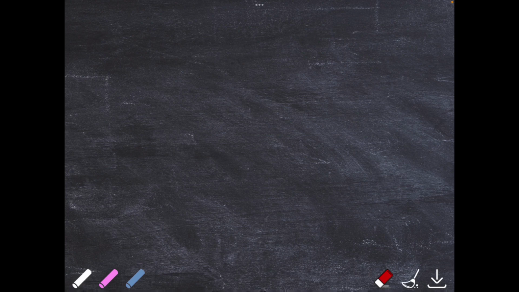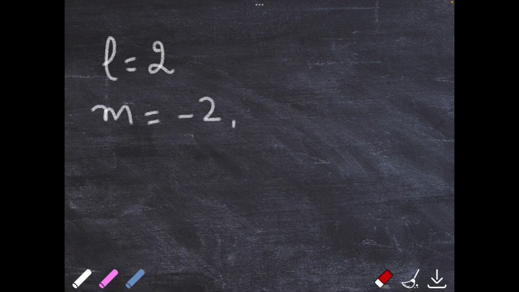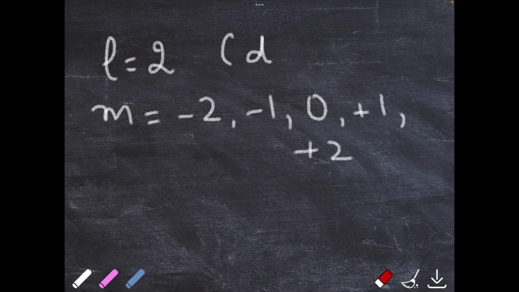Let's take if L is equal to 2. In that case, m will be equal to -2, -1, 0, +1 and +2. Now if L is equal to 2, it is the d subshell. And as you can see, d subshell will have total -2, -1, 0, +1, +2.